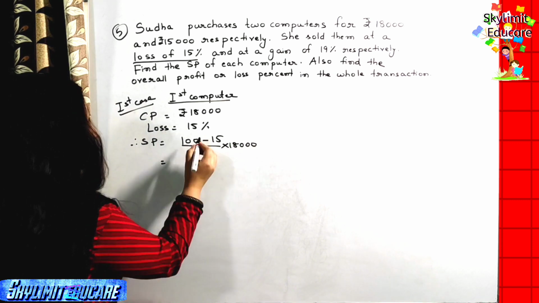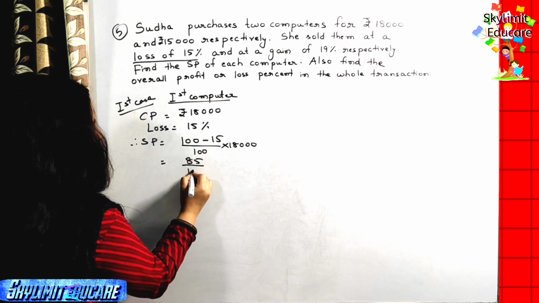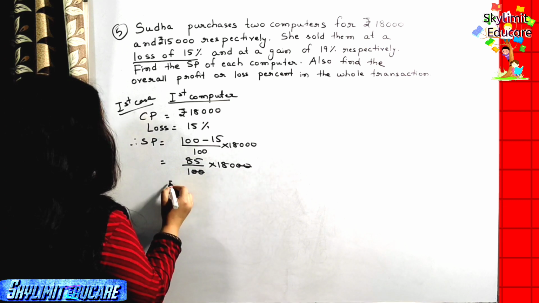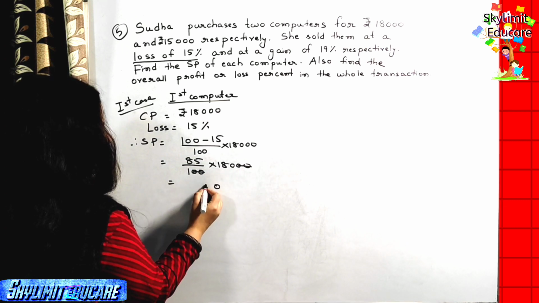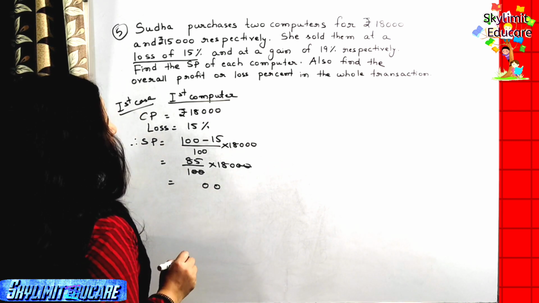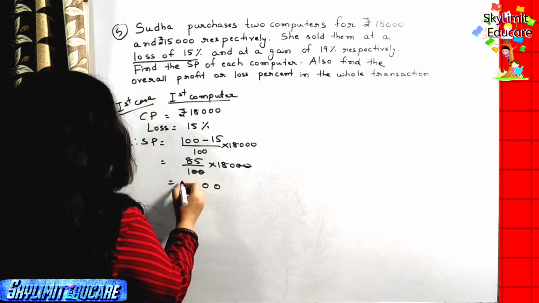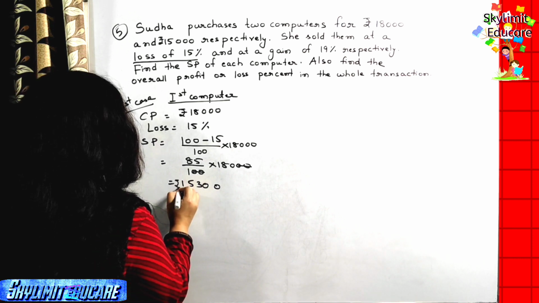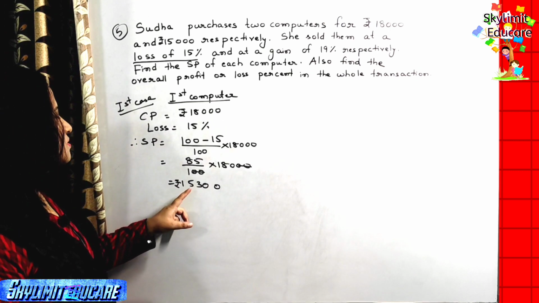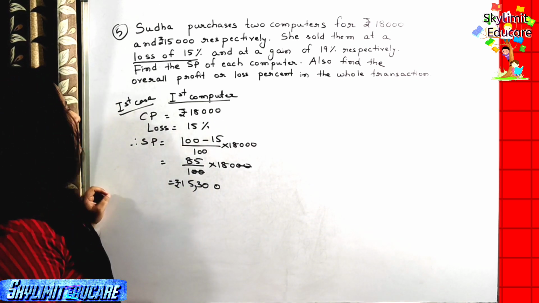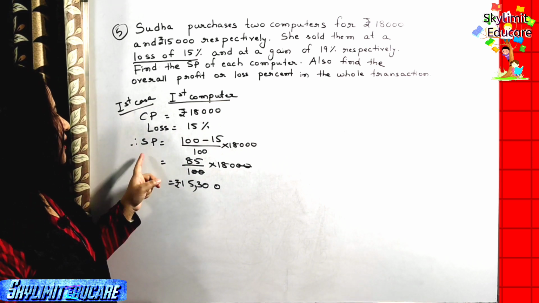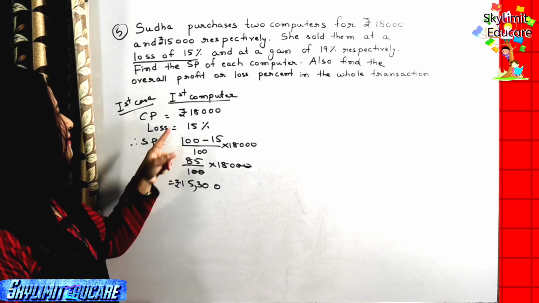So equals 85 by 100 multiplied to 18,000. So 0, 0, 0, 0 cancels out. 1 0 we got here. 18 5s are 90. 0 carry over 9. 18 8s are 144 plus 9 will be 153. So 15,300. That means she got a loss because, as you can see here, she sold the article at a price less than the cost price.